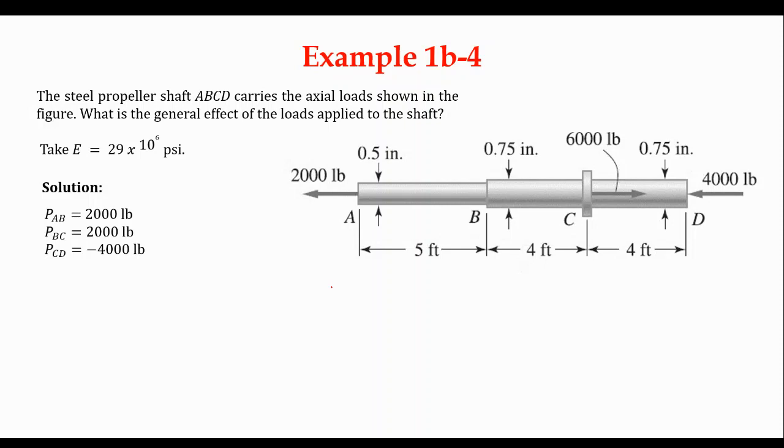The force at BC is 2,000 pounds. The force at CD is negative 4,000 pounds. The technique I taught in our first lesson is applied here, so we get the net forces acting on each bar.